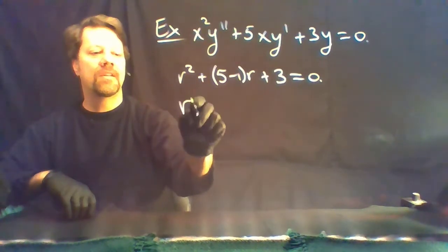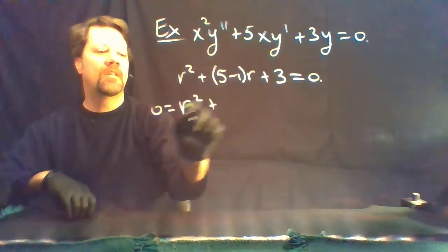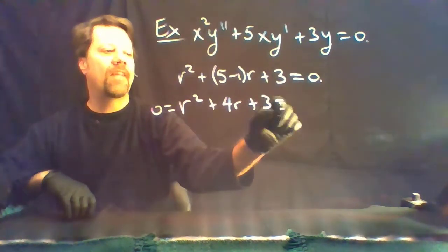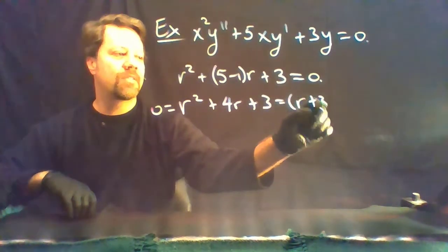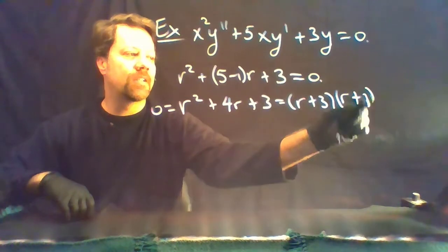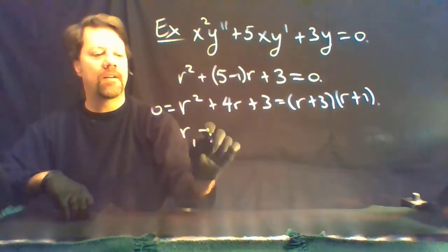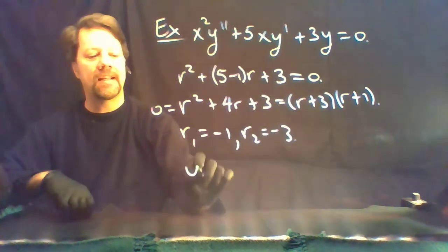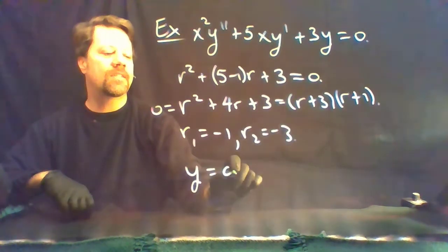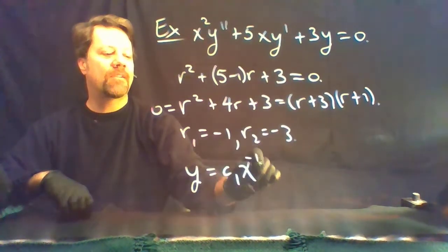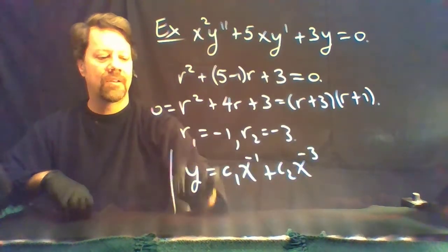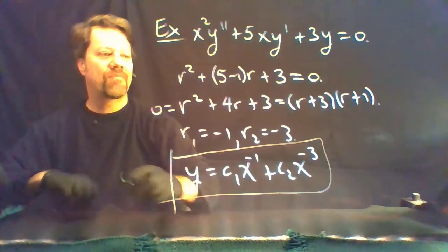This gives us r squared plus 4r plus 3 equals 0, and that factors as r plus 3 times r plus 1. We get r1 equals negative 1, r2 equals negative 3, and hence the solution is c1 x to the power negative 1 plus c2 x to the power negative 3.